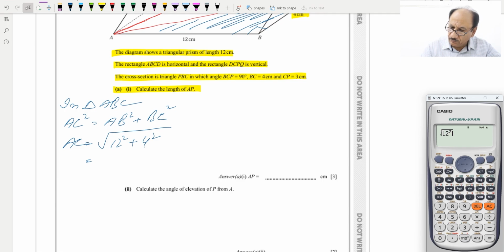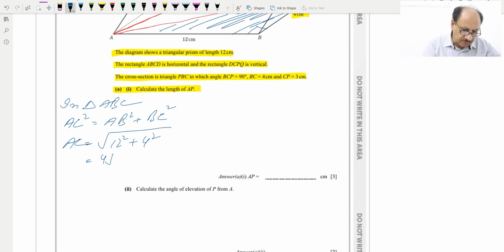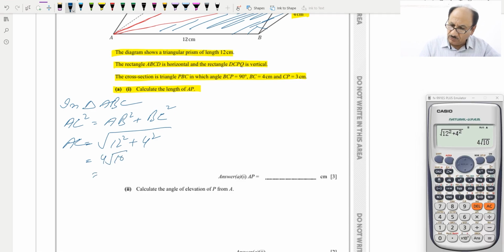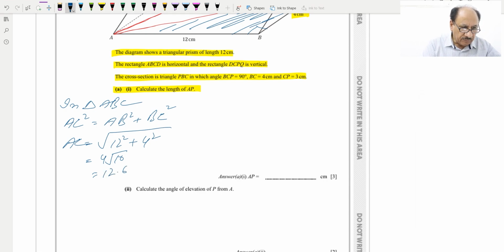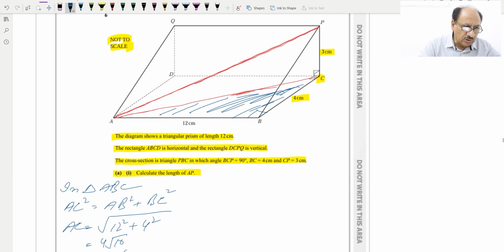So 12 square plus 4 square will be equal to 4 root 10, and as a decimal value, if you want, we can give 12.6. This is AC basically, not the answer, still we have to do more. So AC we found, 4 under root 10, and I am taking the exact value so that we'll get a closer answer.